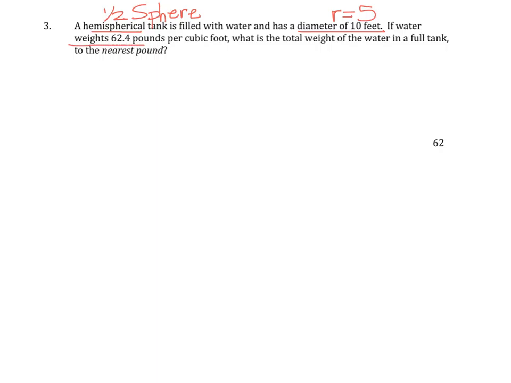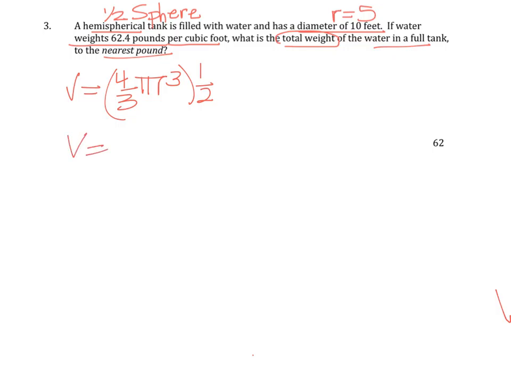I have a weight of 62.4 pounds per cubic foot, and we want to know what the total weight of the water in the full tank is, and of course to the nearest pound. So the first thing we're going to do is find the volume, and for a sphere it's 4/3 pi times r cubed, but we have to take 1/2 of that, in which we get 4 over 3 times 2 is 6 pi times a radius of 5 cubed.